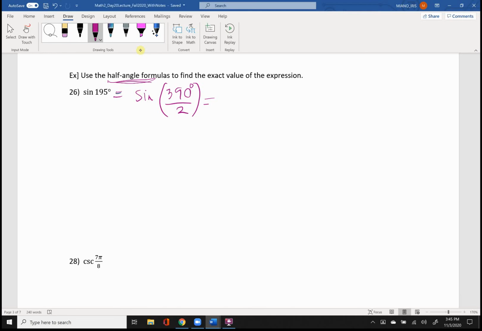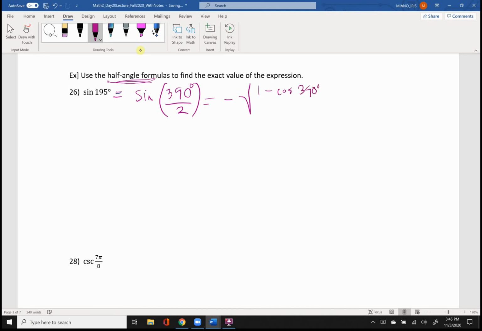Now 195 degrees, what is the sign of the output there? Well, it'll be negative for the sine. So we'll need to take the negative square root of 1 minus the cosine of 390 degrees.